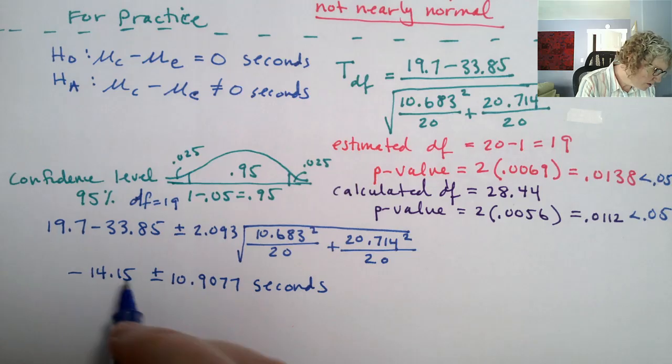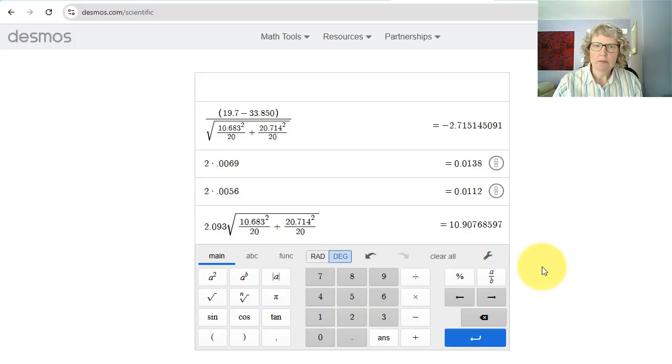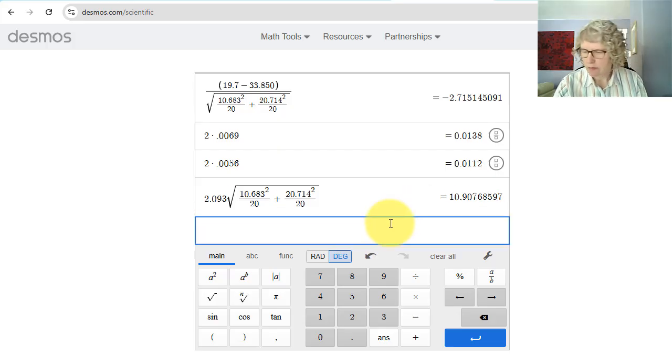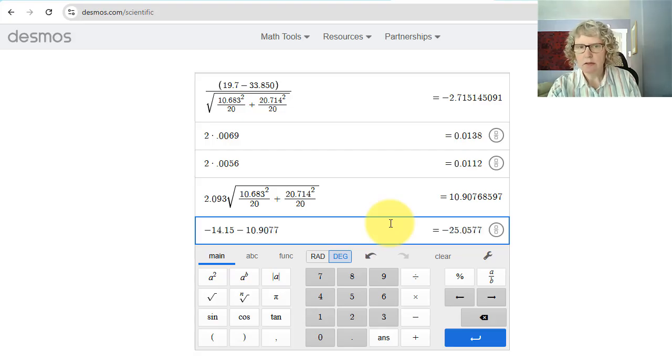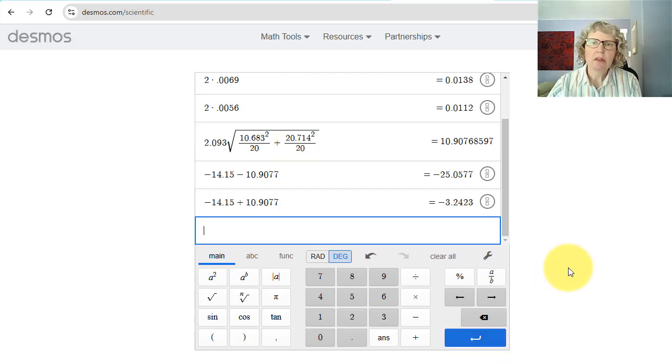So now we can do our subtract and add. Negative 14.15 minus 10.9077, and negative 14.15 plus 10.9077. Okay, great.